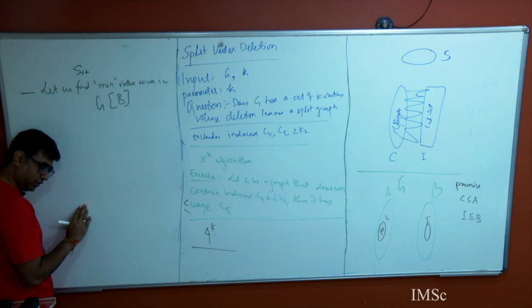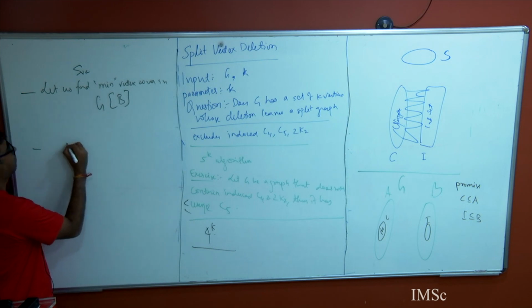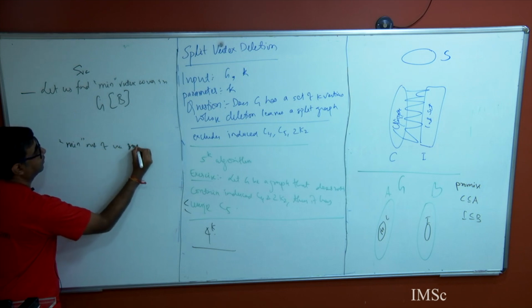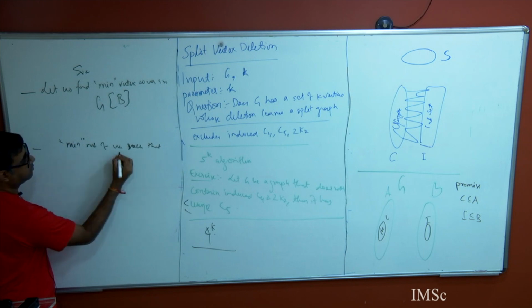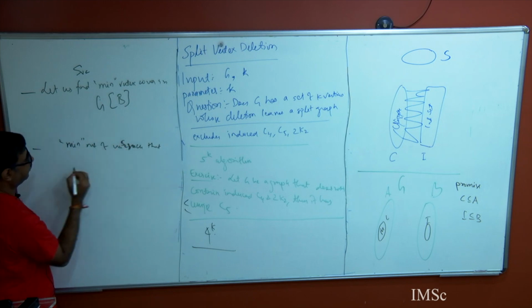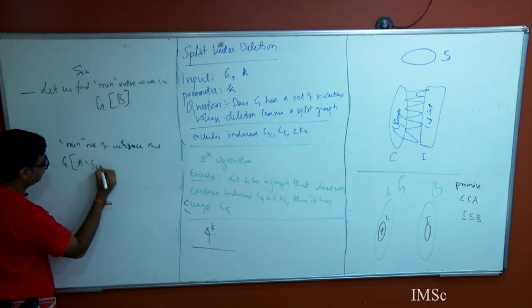Do you know an algorithm for it? Basically, what we want to find is the minimum number of vertices, say SC, such that the graph induced on A minus SC is a clique.